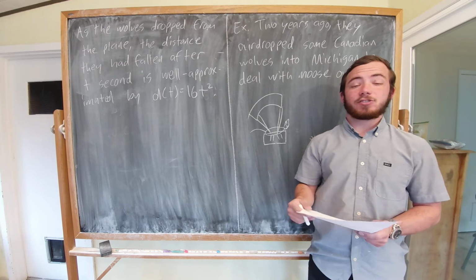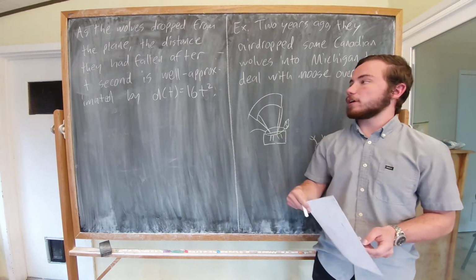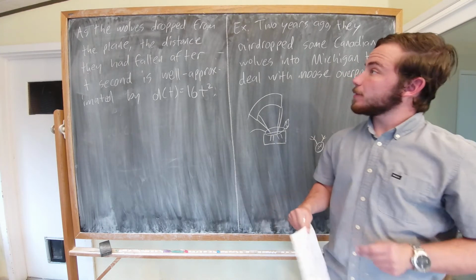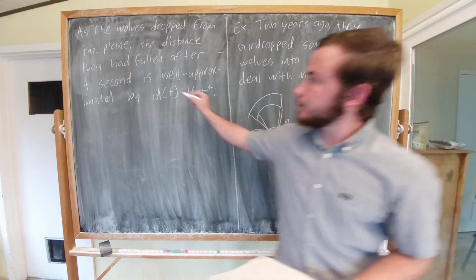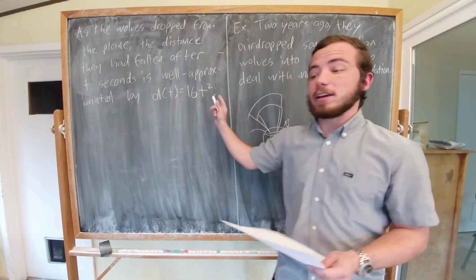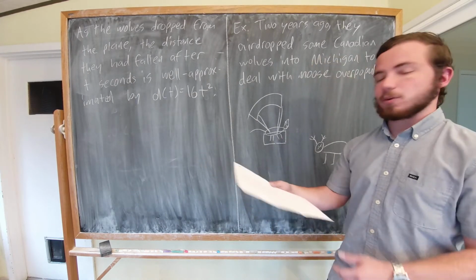If you've taken an introductory physics course, that might look familiar. But yeah, so the distance they have fallen after t seconds is d of t equal to 16t squared.